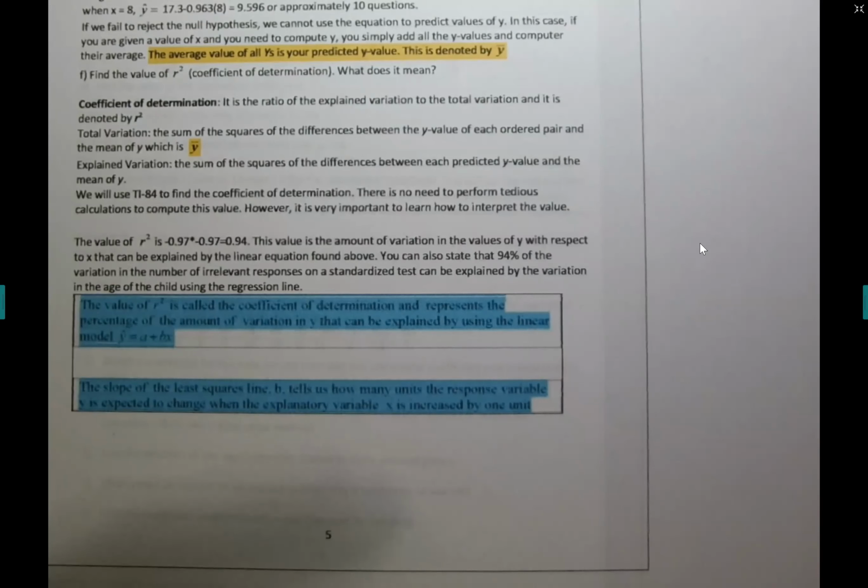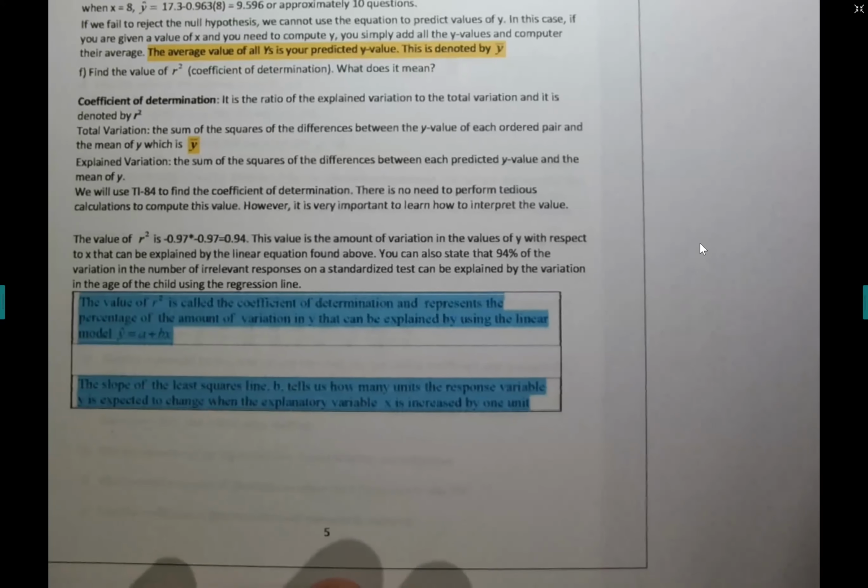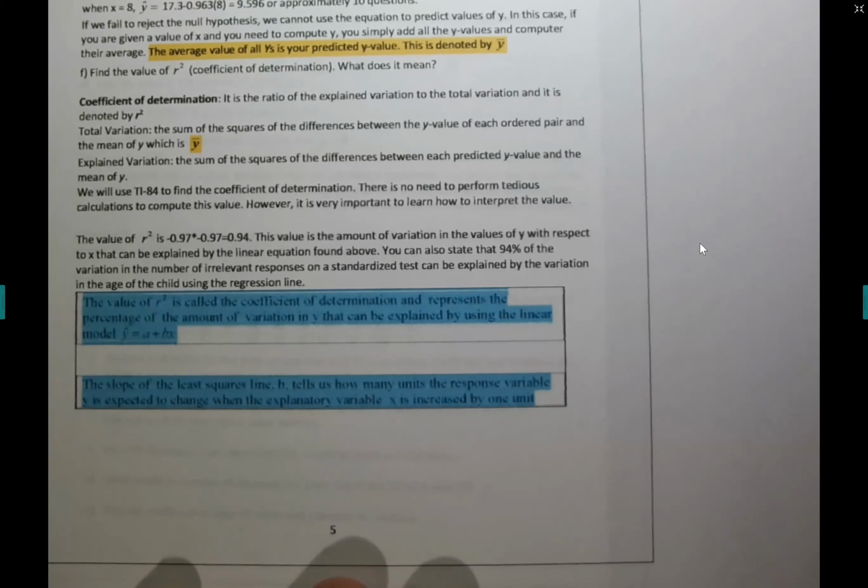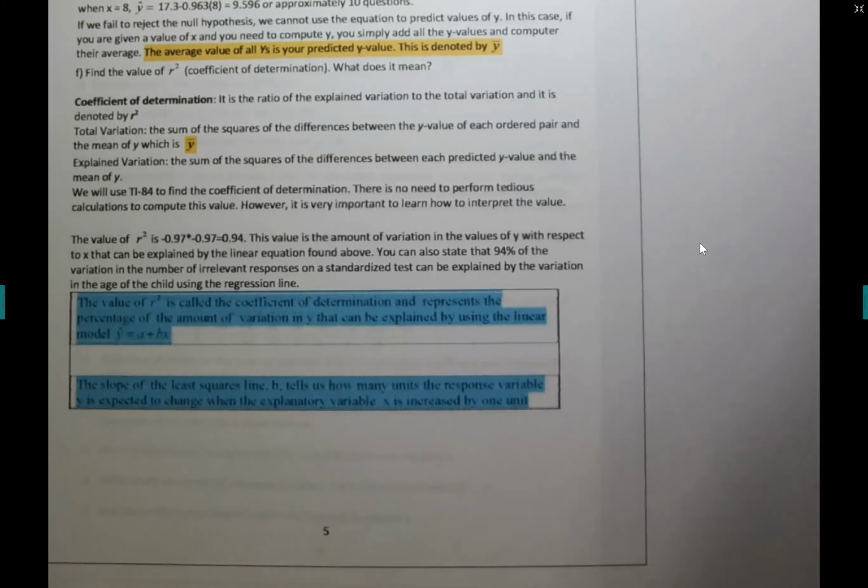Can you guys tell me what you think the 6% is, the other factors that will contribute to the number of irrelevant responses on a test by a child? What could be the other factors other than the age? Their mental capacity. Yes. Whether the child was sick or not, whether they were focusing on the test.